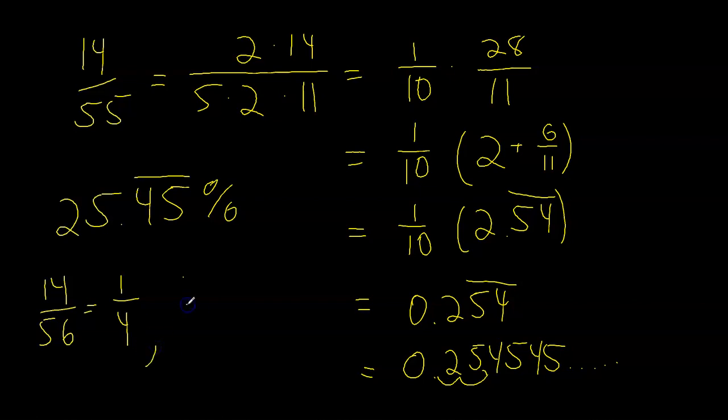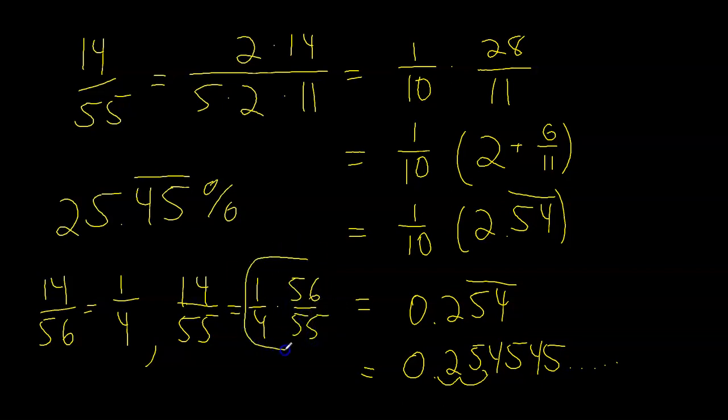So, another way of thinking about this is that 14/55 is simply 1/4 times the correction factor, 56 over 55. If you simplify this, it's going to turn into exactly the same thing that we had here.